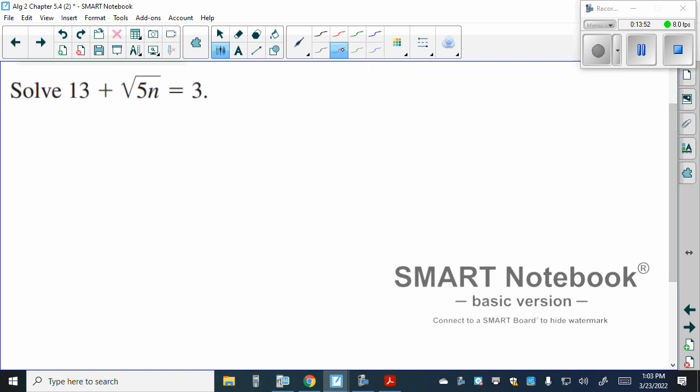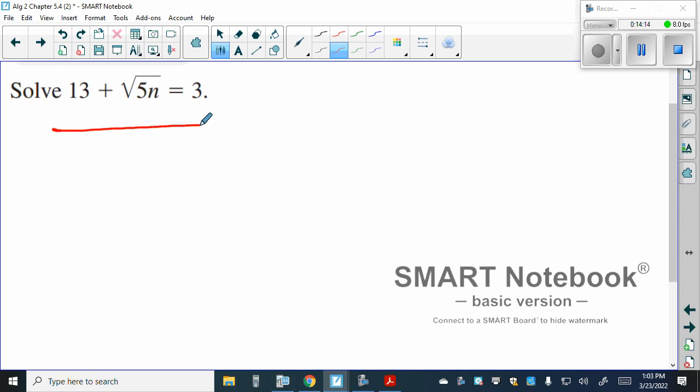We're going to look at this one next. So we don't have a variable outside of the radical, so that's kind of nice. But our first main step still remains the same. We need to get the radical by itself. So what can we do first?